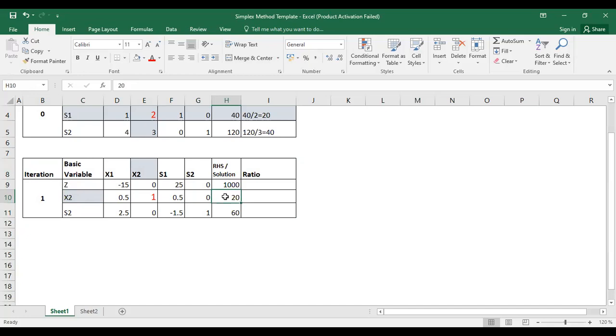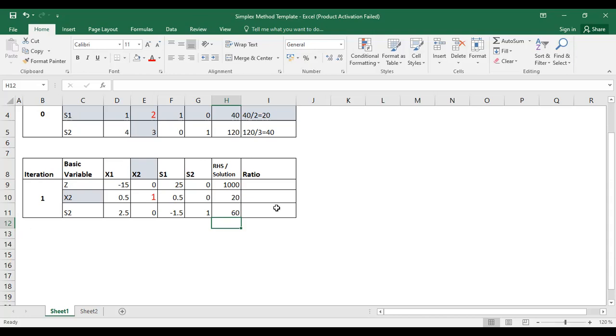The Z value is 1000, and there is no value for X1. Please, do we see it? So that goes to confirm the point that the simplex method also does the calculation around the points that bound the feasible solution area. So note that.